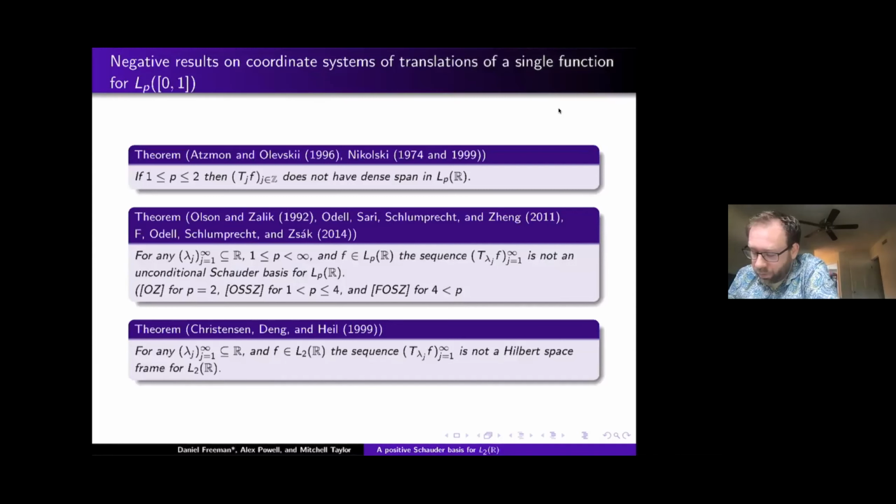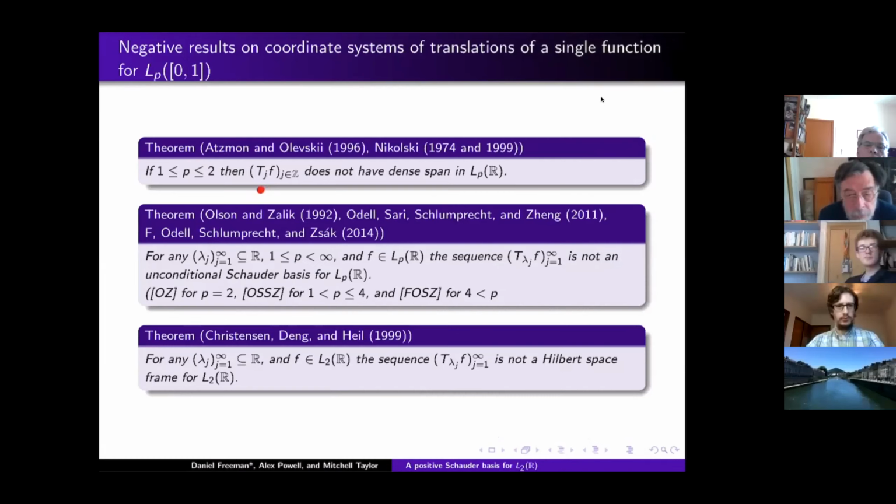And we'll first consider negative results. So first off, if you only translate by integers, then the translations of a single function do not have dense span in LP. For any function that you take, if you only translate by integers, its span will not be dense in LP.